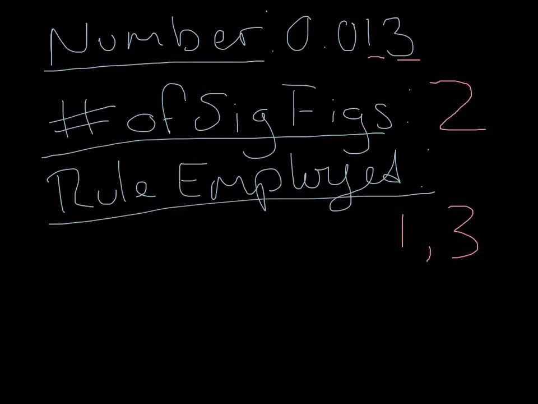Those are definitely significant. And all of the zeros precede those significant digits. In other words, we don't have a 0 after the 1 or the 3, as well as being to the right of the decimal point. And because of those reasons, we only have 2 sig figs. Another way to check this again would have been to put the number in scientific notation, and the coefficient would tell us how many sig figs we are dealing with.